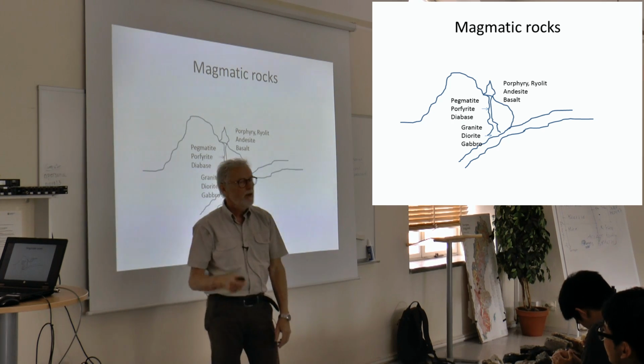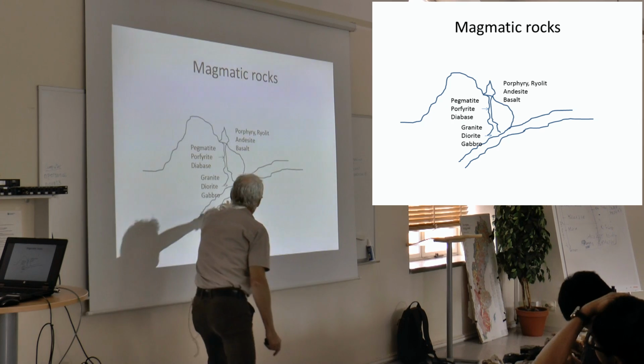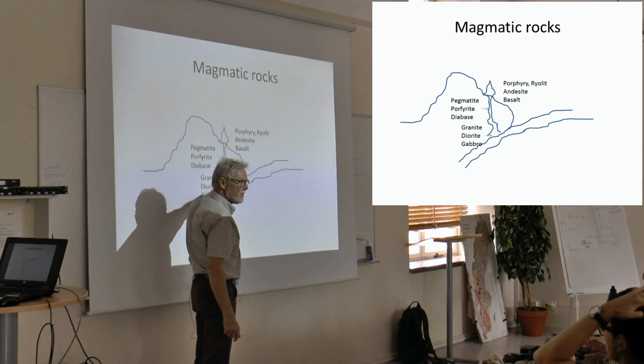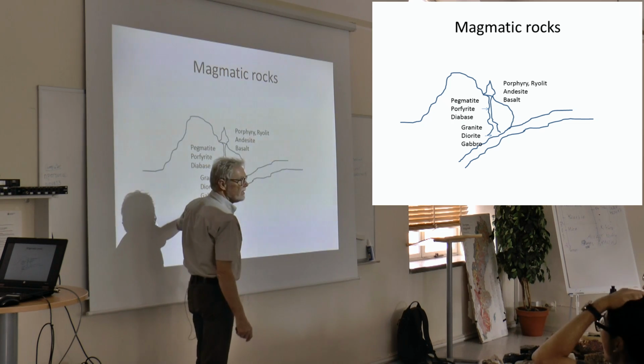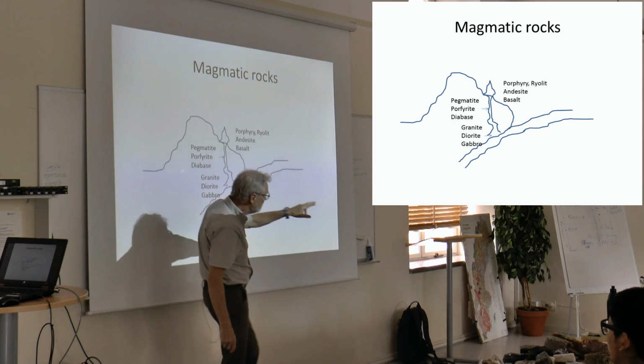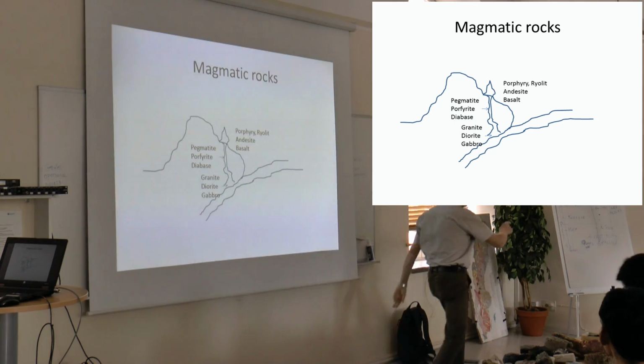And depending on if there is a lot of material from the oceanic bottom, which is the basalt, this will create a new rock type called gabbro.